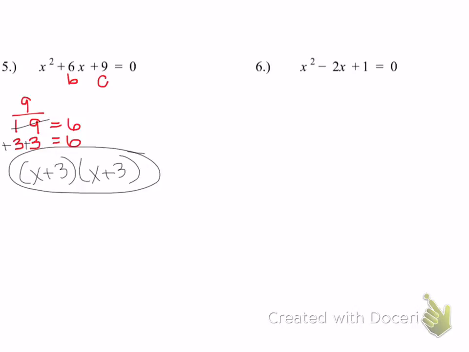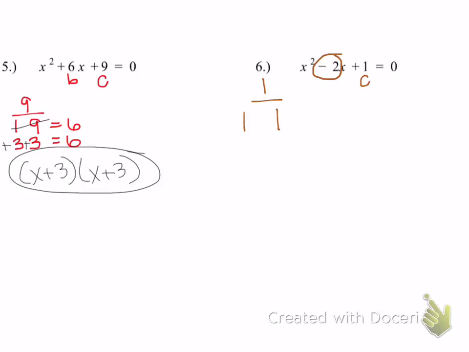All right, number 6. So for number 6, we want our numbers to multiply to get 1, because that's C. So numbers that multiply to get us 1. This is a tough one. Just 1 and 1. Well, my goal is to get them to add up to a negative 2. So if I have 1 and 1, how could I get negative 2?